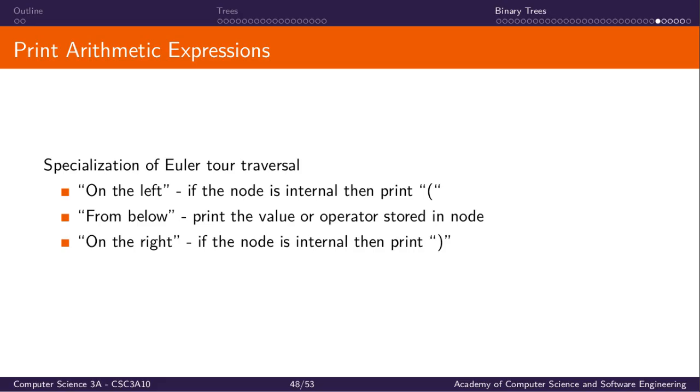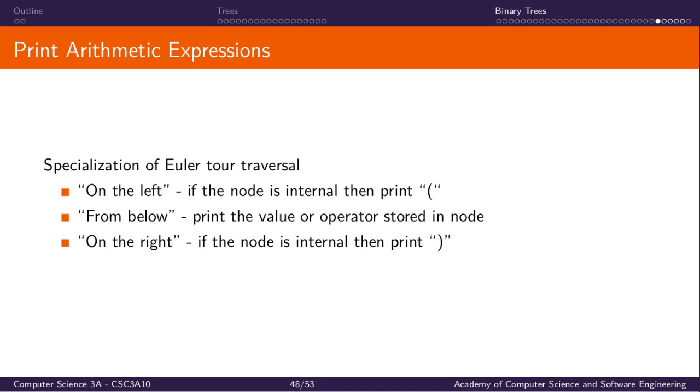If it is internal, then we will print a left round bracket or a left parenthesis. Then when we visit it from below, we'll print whatever is stored there, either a value or an operator. So if it's an external node, we will print the value that's stored there. If it's an internal node, we'll print the operator that is stored there.